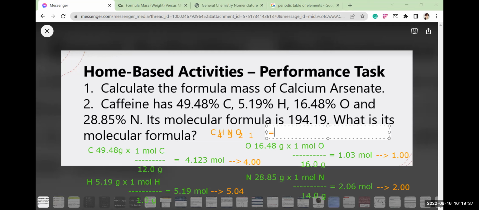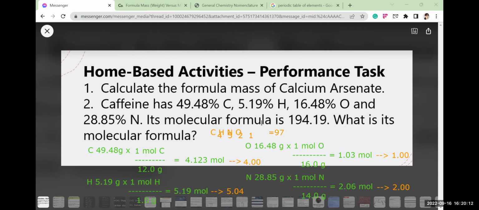Nitrogen 14, so 28. Plus, ilang oxygen? 16. Okay, ano total mass? 97. So, yung total mass niya is 97.